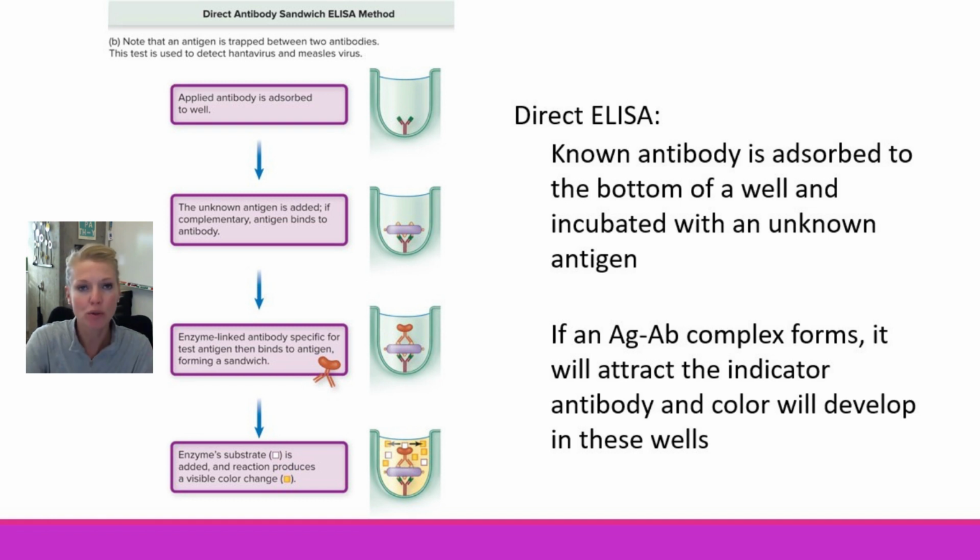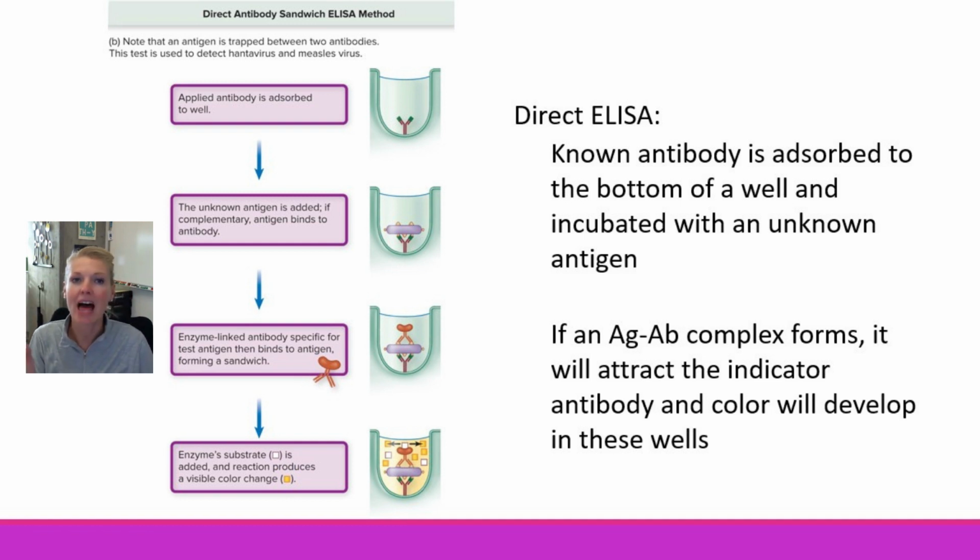Then there'll be washing to remove any unbound antigen, and an antibody that has the enzyme attached will also recognize that antigen, and so you end up with a sandwich where you have antibody, antigen, and then antibody that has the enzyme on it.